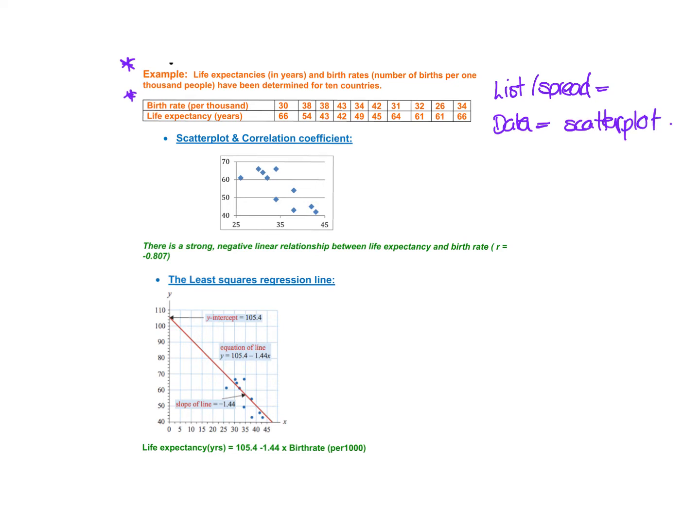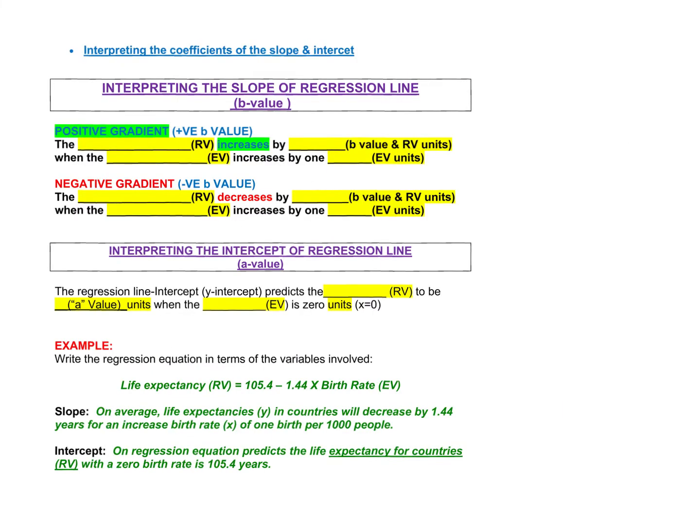Then we found this equation in our list of statistics. We found our A value and our B value, and we wrote it out with our variables.